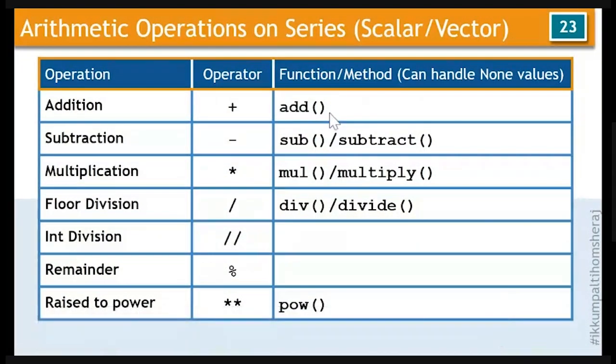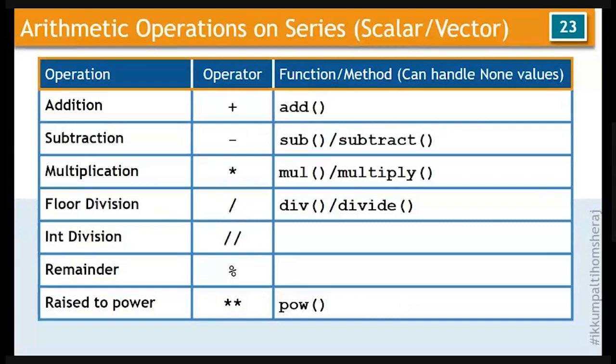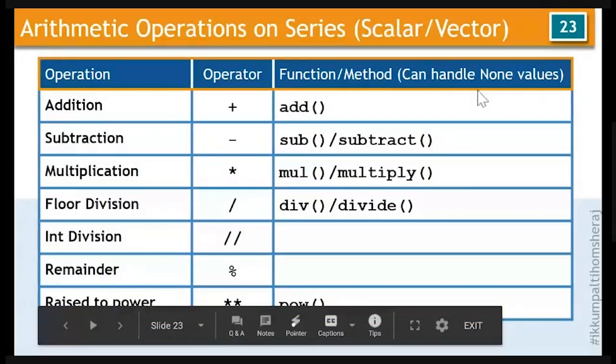The reason is, if your data is carrying some none values, none meaning not existing values, in that case, they can be substituted with some other value with the help of these functions, whereas the standard operators will not allow you to do so. Okay, so this is very important for you to understand. Although plus and add do the same thing, minus and sub do the same thing, we still prefer going for functions or methods, because that can help you to substitute none values with something else.